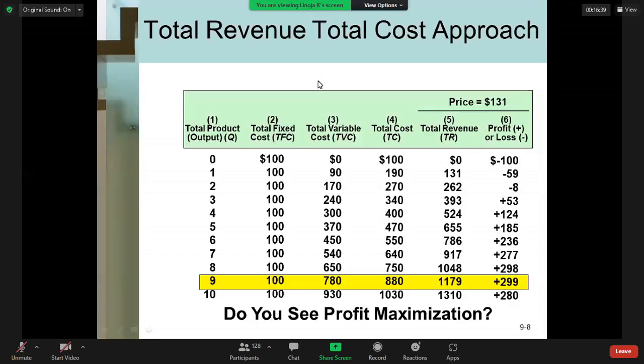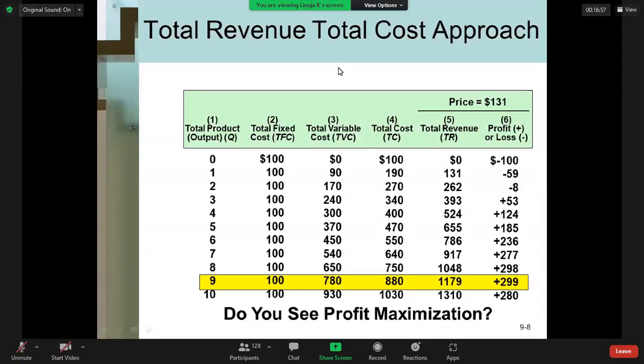Fixed cost means the cost that is incurred for all the fixed resources, right? I think you studied this already in the beginning. If not, I will explain later if possible.